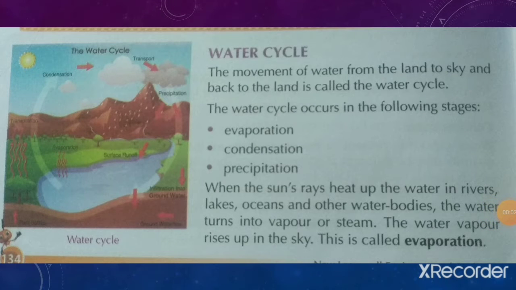Water cycle. The movement of water from the land to the sky and back to the land is called the water cycle. Students, water cycle क्या होती है?